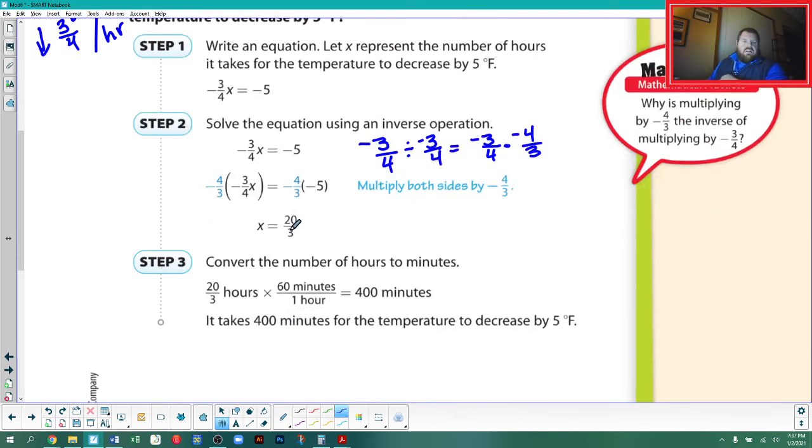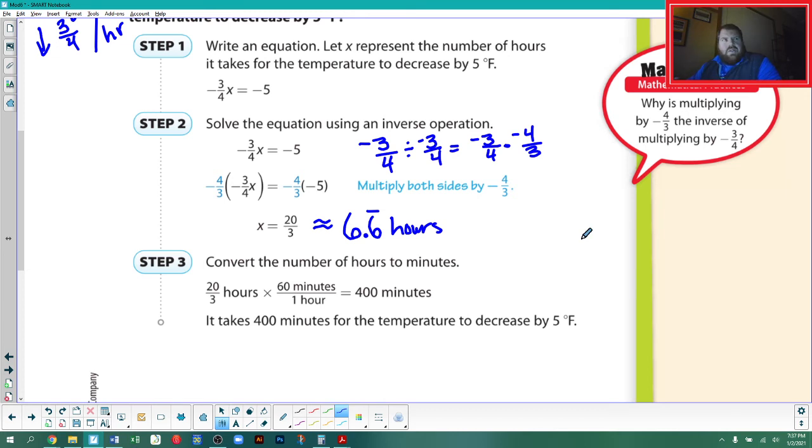Okay. So then we get 20 over 3, 20 thirds. Okay, 20 thirds of an hour. That's somewhere around, sorry, now my brain's not working, 6.6 hours. Okay. Yeah, that's 6.6 hours.